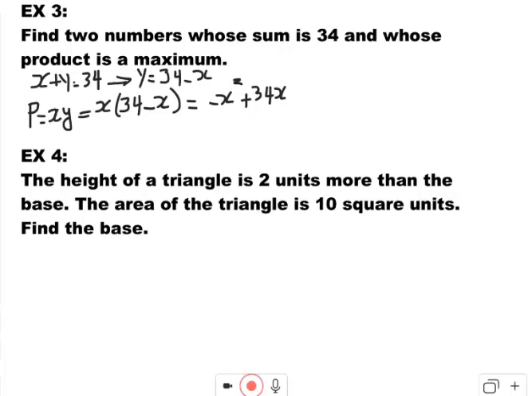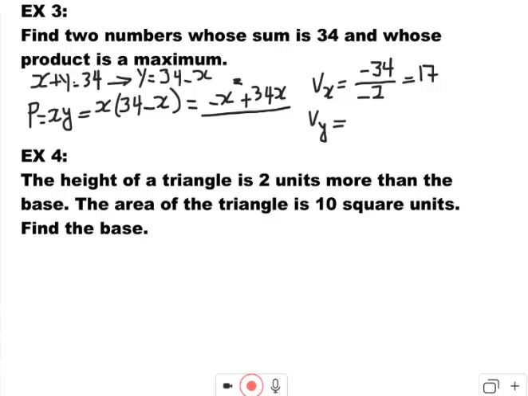Now, because we have to find the maximum, and this is a quadratic equation, I have to find the vertex. The easiest way to find the vertex is to use the shortcut that we talked about in a previous video. We say v sub x is minus b, which is minus 34, divided by 2a. 2a is negative 2. So this gives us 17. Now to find the value of y for the vertex, we have to substitute it back in the equation.